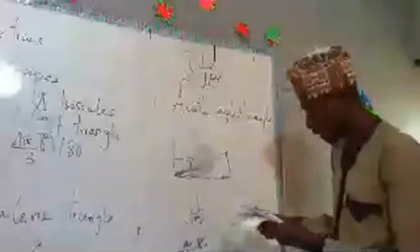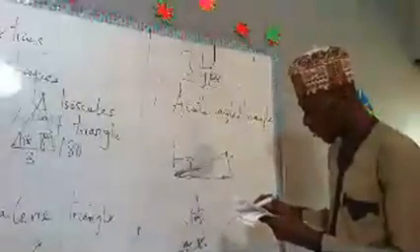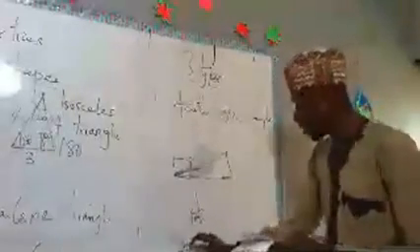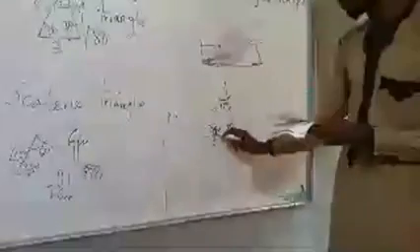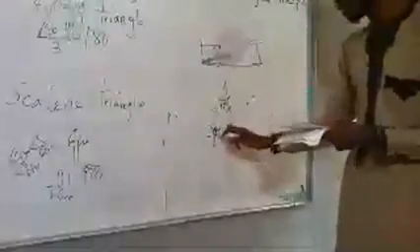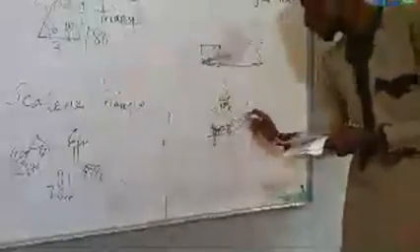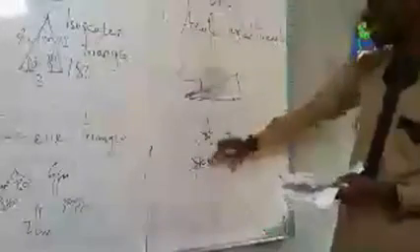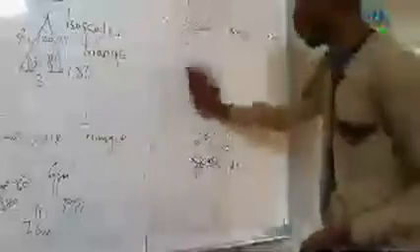This 40 is not up to 90, and this second one is not up to 90 either. But this one is more than 90. That's how we call this an angle triangle. So the next one is the obtuse angle triangle.